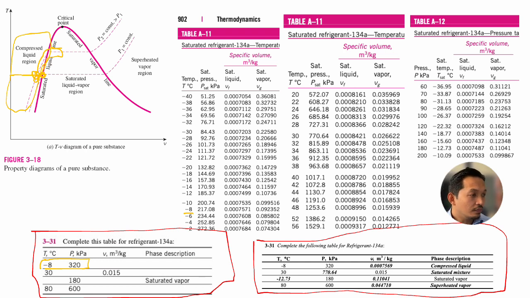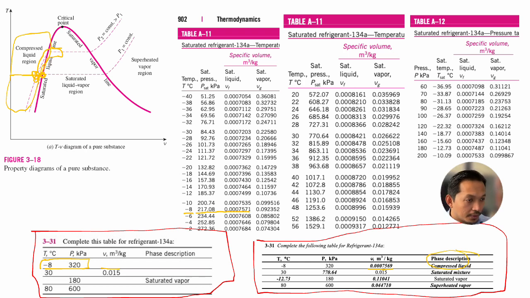In this case, the volume is the saturated liquid specific volume, which is 0.000751. A little bit different from the answer. I'm not sure why, but it's only different by 2 points. And of course, it is located in the compressed liquid region.